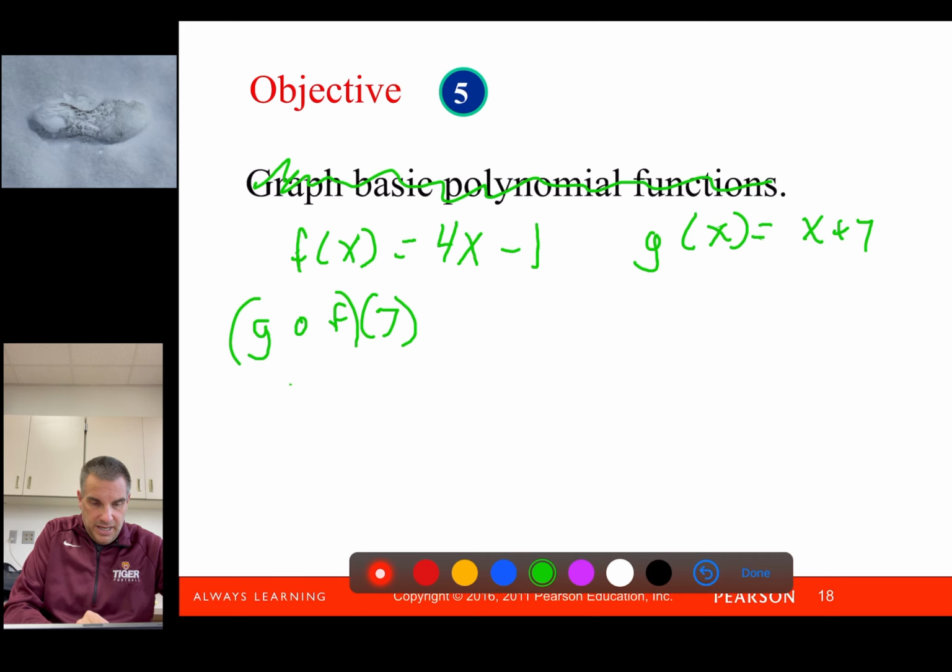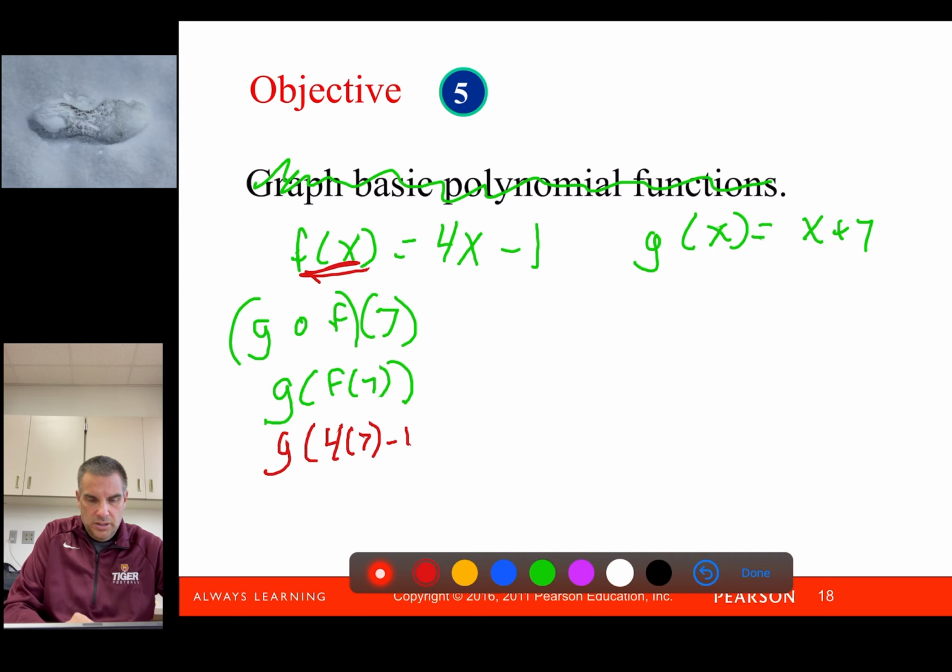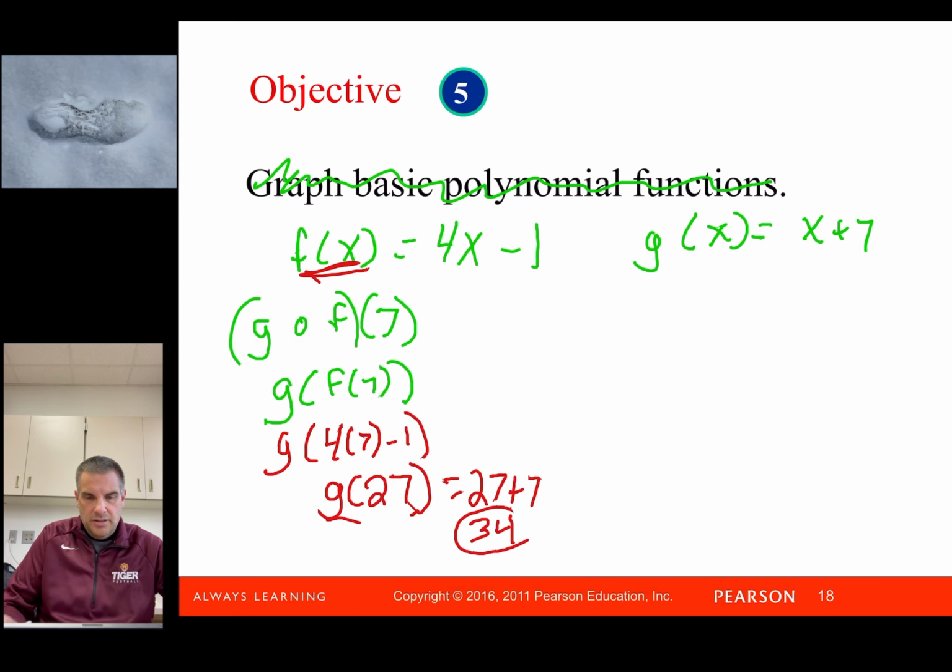I look at my f function. Anywhere I see an x, I'm going to replace it with a 7. So that's 4 times 7 minus 1. That means I have to find g of 27. So in the g function, anywhere I see an x, I replace it with 27, and you get 34.